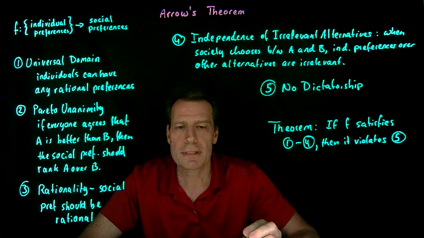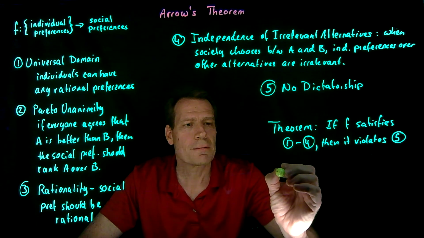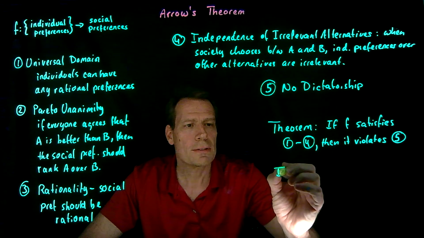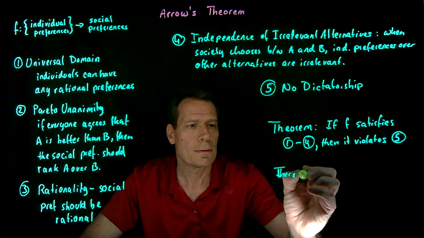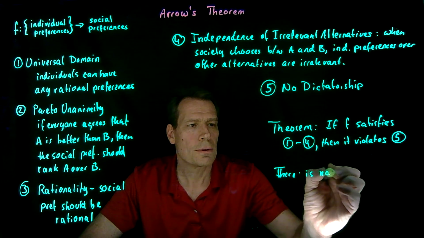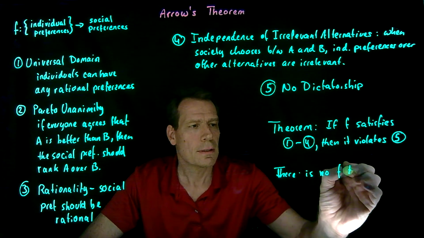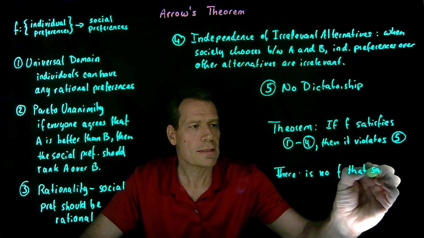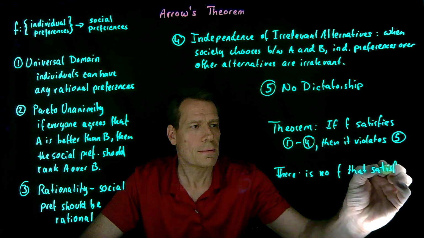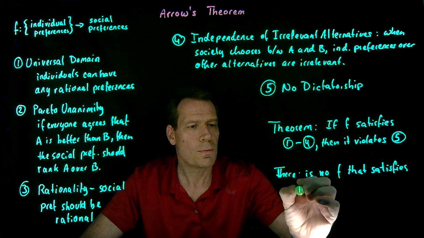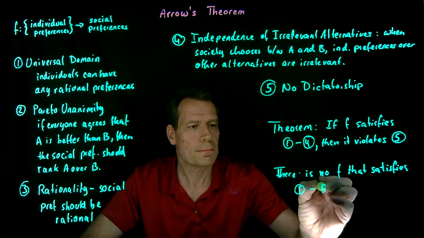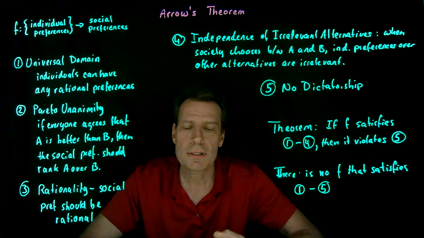The second way of phrasing the theorem is to say there is no social choice function that satisfies assumptions 1 through 5. There simply is no such process.